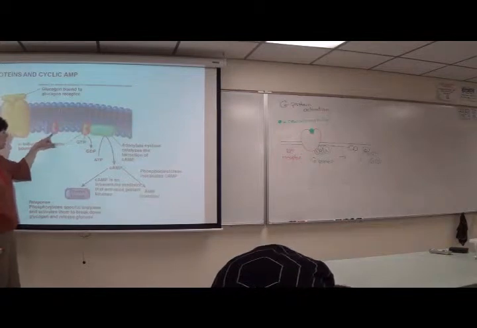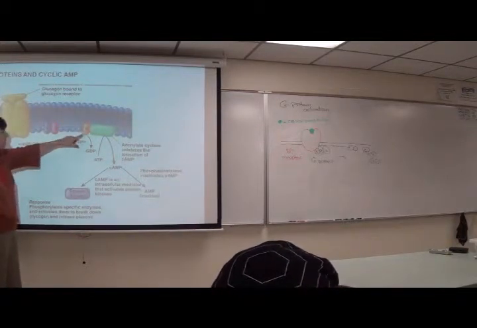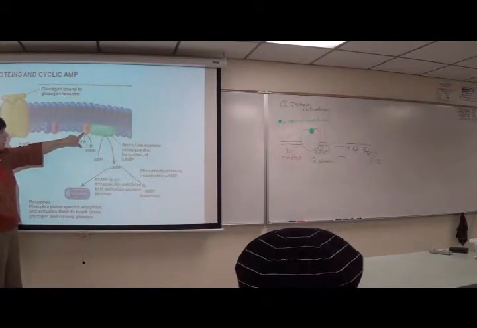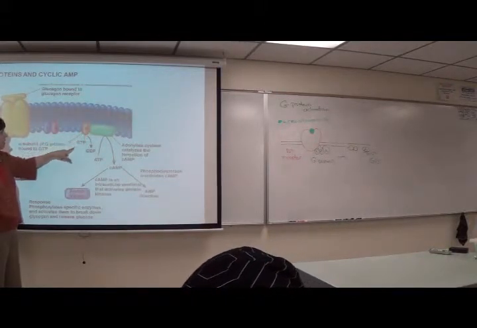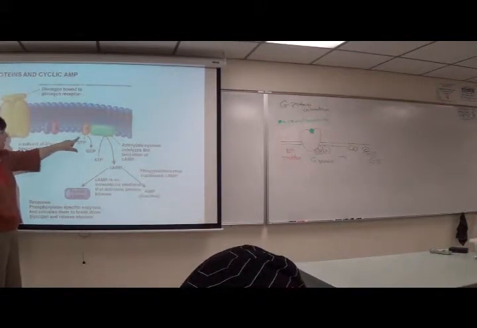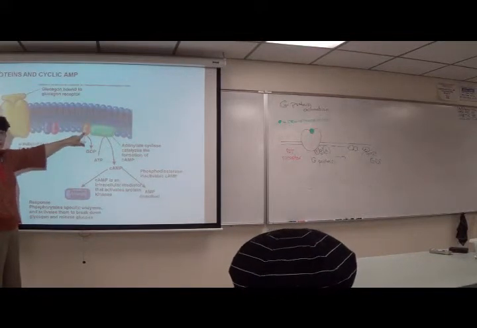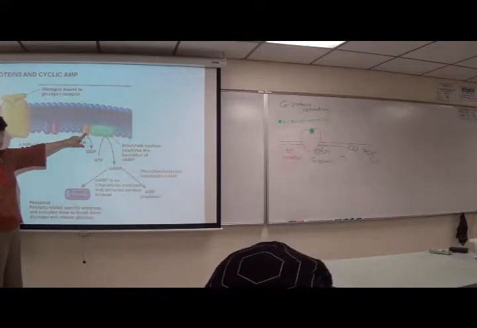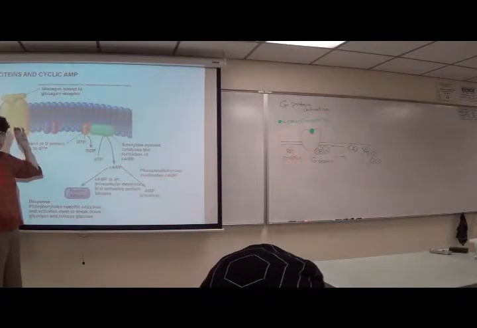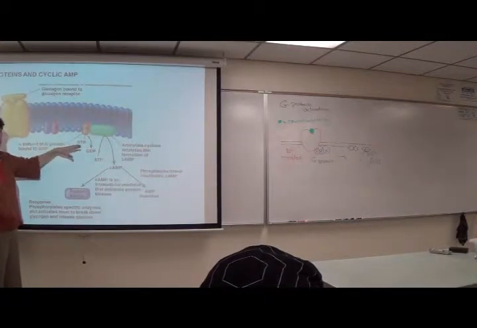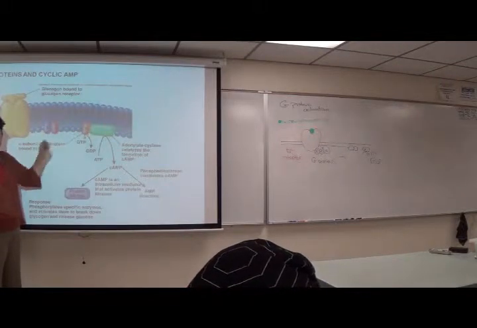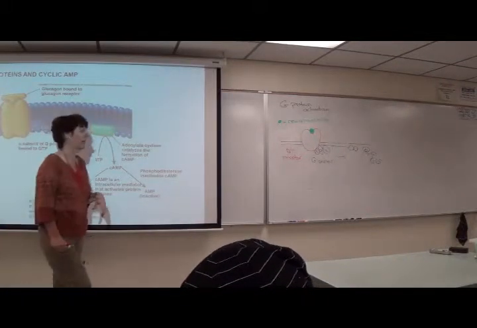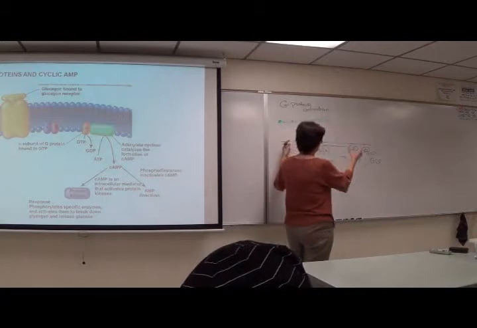In other words, that's not shown on here, but it starts out as the energy is used, and GDP is formed, and then GTP comes and knocks off the GDP, and it's bound as GTP. So what I'm asking is, does that only occur in the alpha? Yes. These have other effects, but yeah, the GTP is binding to the alpha. Yeah. All right, so that was the common component.